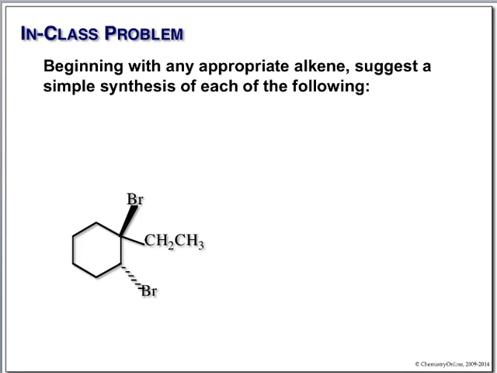How about this guy? Again, we look at it and we say, what is it? Well, it's a trans 1,2-dibromide, isn't it? How many ways do I know to make trans 1,2-dibromides? Only one. And that's to add bromine to a double bond, right? You know that. Where was our double bond? It was between our 2 bromines, so right here.